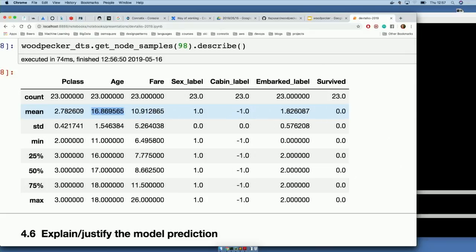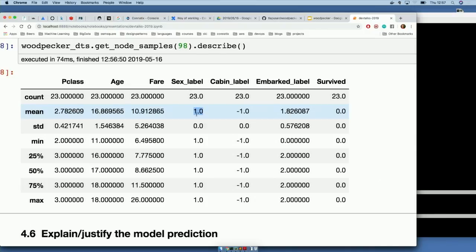It's 16, with a pretty low standard deviation, so they are kind of young people. The fare, which means how much money they paid for the ticket, is 10. So it's pretty low from the average. The average is somewhere around 30, if I remember correctly. So they paid lower than the average people pay for the ticket. And the sex label is 1, which means that they are male.